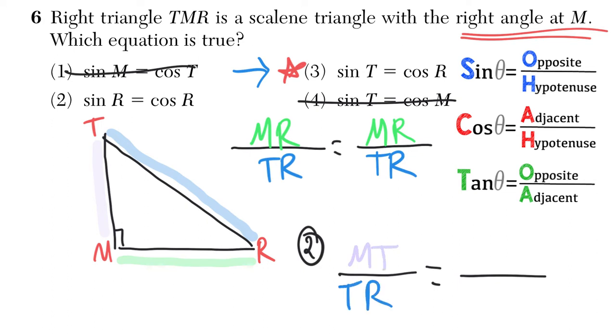All right, and for this to check out and work, it should be purple over blue again, but it's going to be the cosine of R. So it's going to be the adjacent over hypotenuse. So instead, it's going to be MR over TR. And you know what? Clearly, these are not balanced. These do not match. Option 3 is the correct answer.